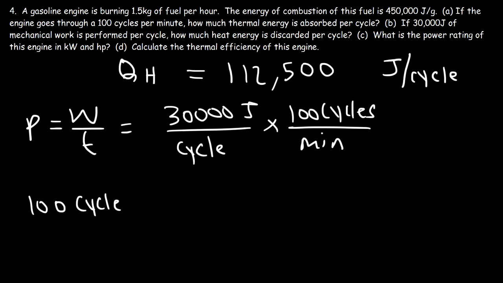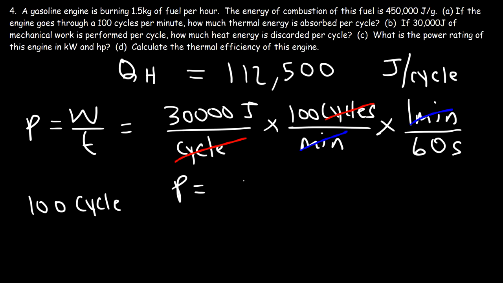Now we need it in seconds though, because 1 watt is 1 joule per second. So let's convert minutes to seconds. 1 minute is equal to 60 seconds. So it's going to be 30,000 times 100 divided by 60.